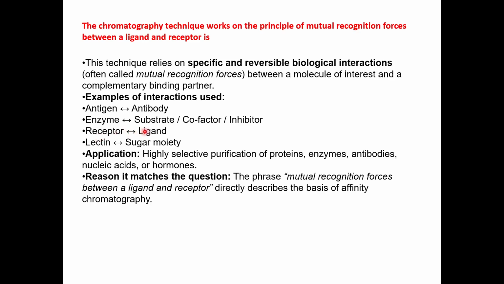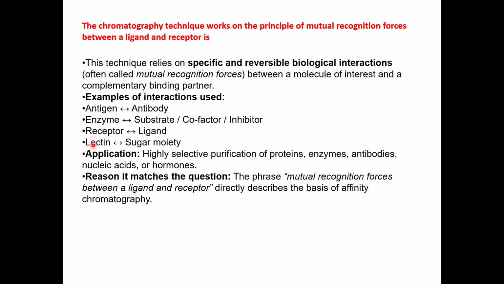You can also use enzyme cofactors or enzyme inhibitors as interaction partners. Then we definitely have the receptor and the ligand, or receptor and its substrate. Then we have lectin and sugar moiety.